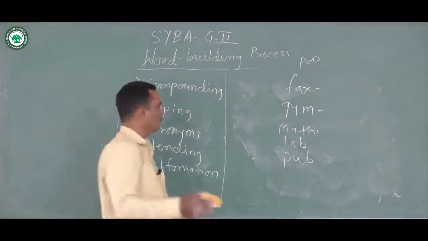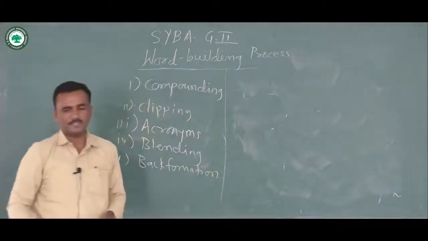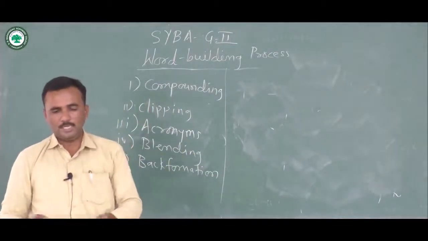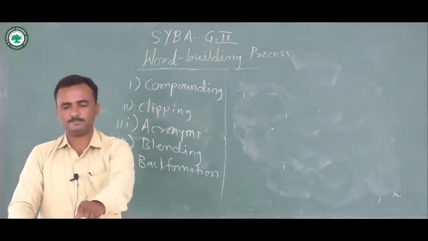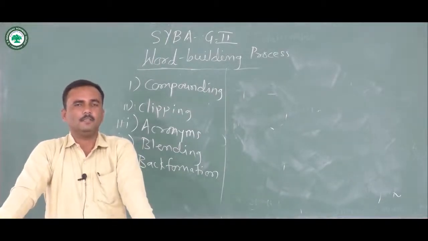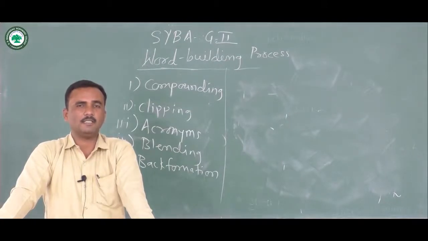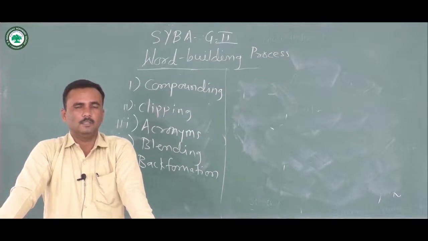After clipping we are going to discuss acronyms. In acronyms, usually the first letters or the initial sounds of a string of words are retained and they are considered a complete word.